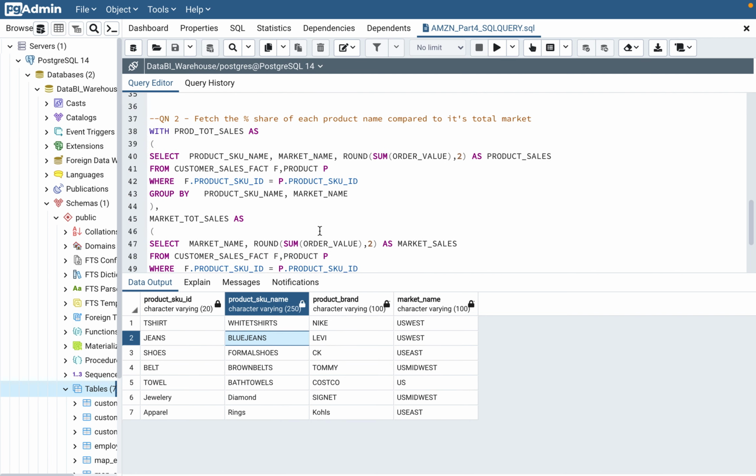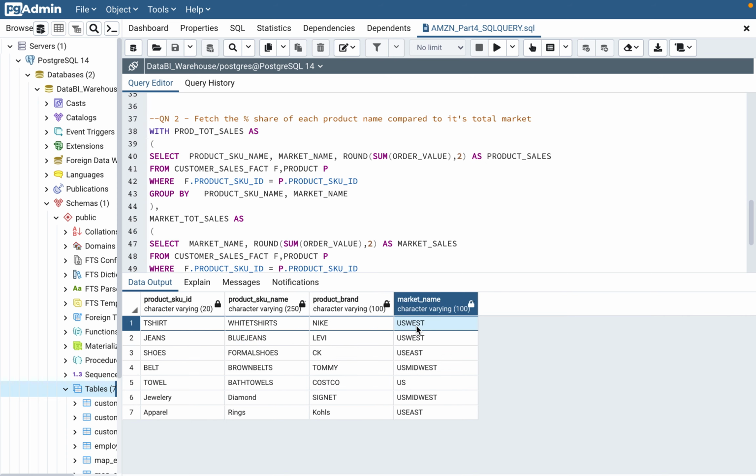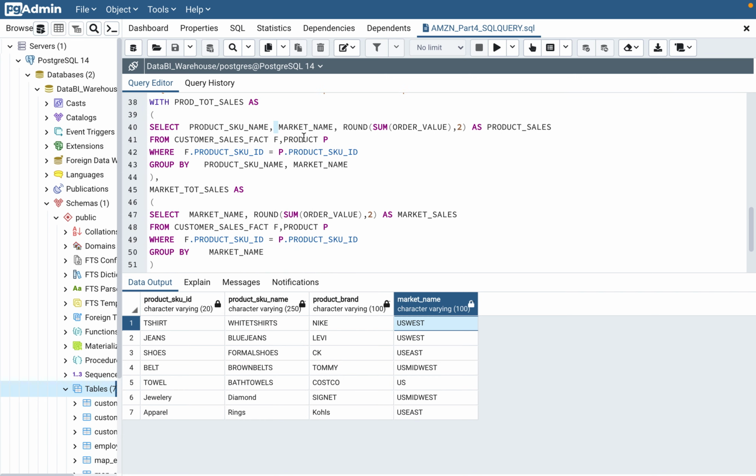So what we need to do is first get the sales. We need to compare the sales of the product and the sales of the market. Similar to the year query we had for 2021 and 2022 growth, here we need to extract the sales value for the product name and the sales value for the overall market name. If you see the product total sales, product SKU name, product market name, we have to pull the market also, because we will need this market name.